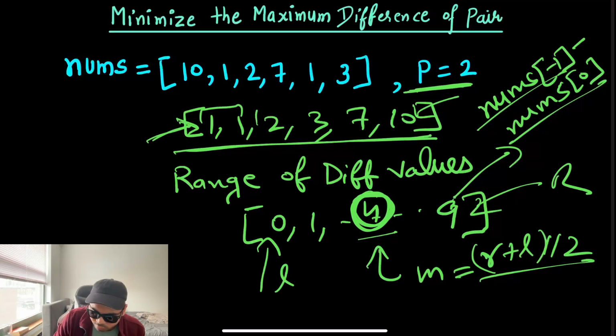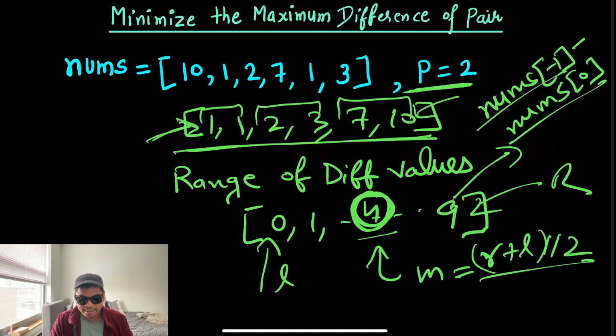Yes, they do. These two, and even these three, we found 3. So if the count it returns is greater than or equal to p, that means this is a valid answer.